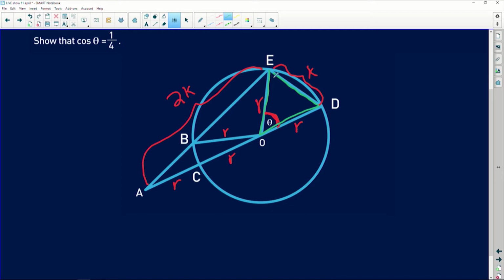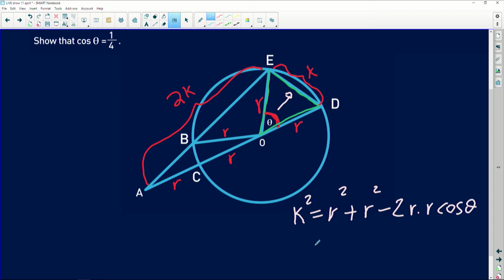Remember, when you've got 3 sides in a triangle, you can use your cosine rule. So I'm going to use the cosine rule and try to find the side that is opposite to the given angle. So according to our cosine rule, the side opposite to the given angle, which is k squared, is equal to one side there, r squared, plus the other side, r squared, minus 2 times r again, cos of theta.